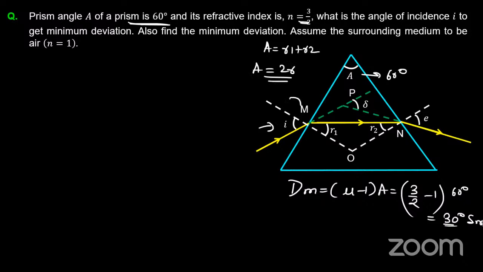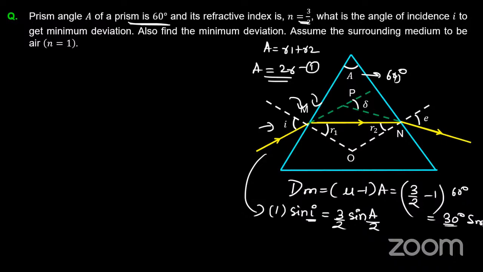And if I apply Snell's law here, N1, which is air, sine of angle of incidence, because I need to find this I, equals N2, glass, sine of R. Snell's law is N1 sine I equals N2 sine R for this surface where the incident ray is striking. R will be equal to A by 2 from the first equation.